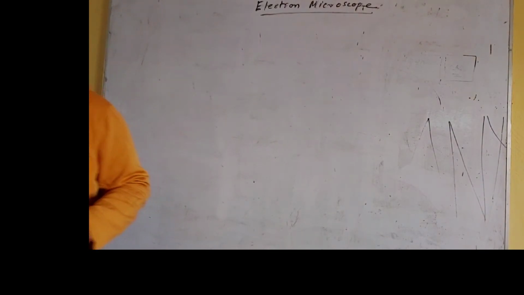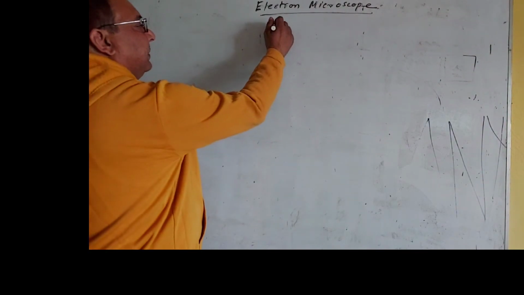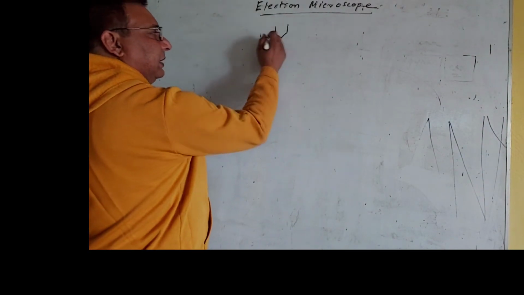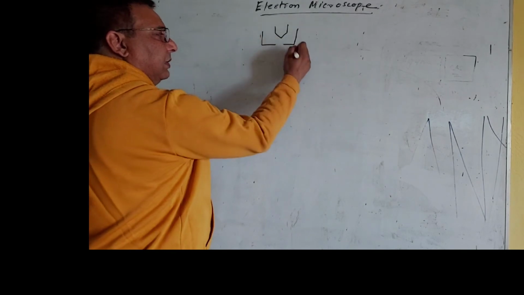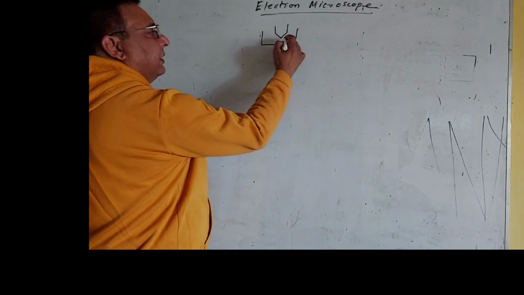In a scanning electron microscope, you have only a condenser lens, then a deflection coil, then there is another lens which is also a condenser lens. So electron beams are being generated from the same thing. The electron beam source is the same.